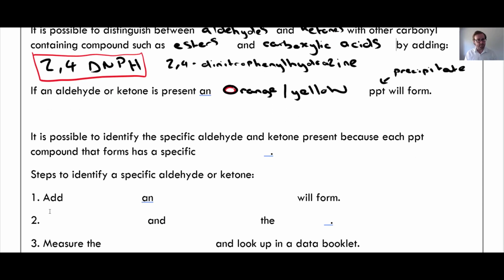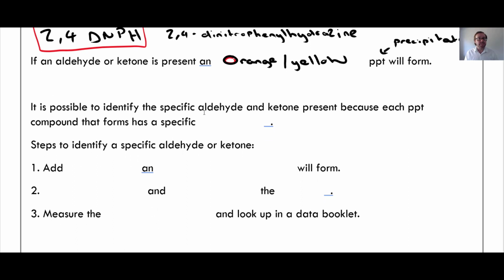It is possible to identify the specific aldehyde and ketone present because each precipitate compound that forms has a specific melting point.